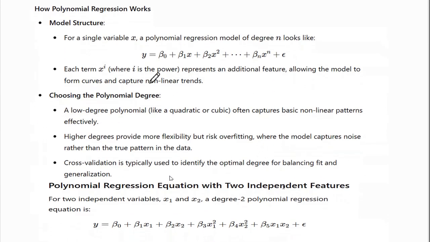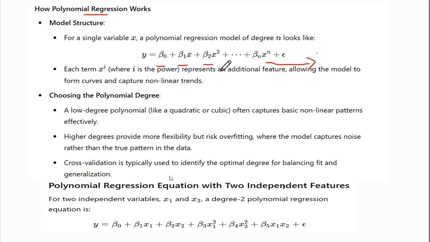Now let us see how polynomial regression works. The equation for polynomial regression is y equals beta naught plus beta 1 x plus beta 2 x square and so on up to beta n x to the power n. Let us see what x is here. x is the independent variable.